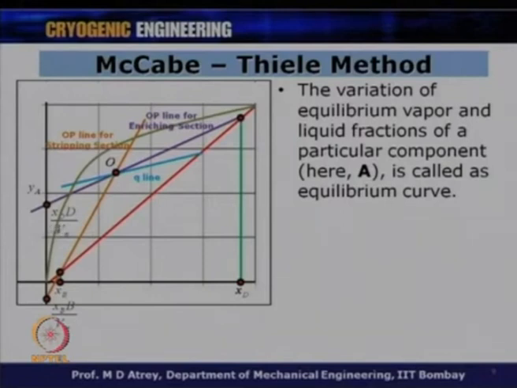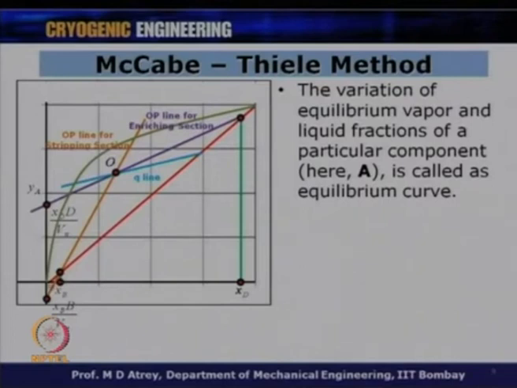That means the temperatures are the same and they remain in thermal equilibrium. So, the equilibrium curve for a given composition and a given pressure is going to be unique, and if we join these points for different temperatures, at each point on this curve y and x are in thermal equilibrium.